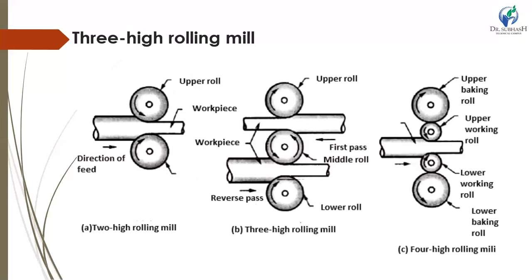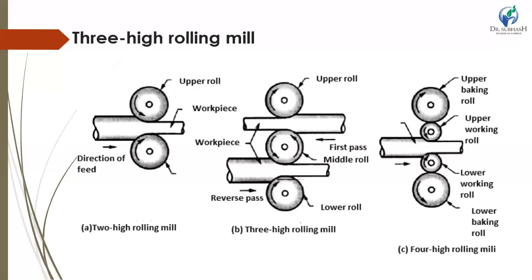Another one is the three high rolling mill. The three high rolling mill diagram is shown in the middle. In this rolling mill, there are three rolls in one line. It consists of three horizontal rolls positioned directly one over another.